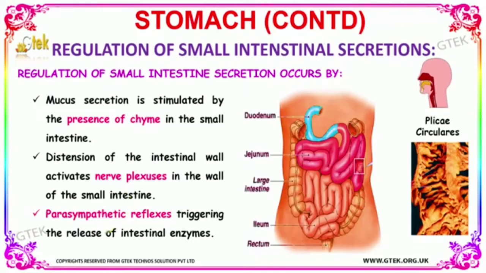The parasympathetic reflexes trigger the release of the intestinal enzymes. So this stimulates the small intestine to produce the secretions of the enzymes which help in digestion, converting your proteins into simpler compounds which can be easily absorbed by your body.